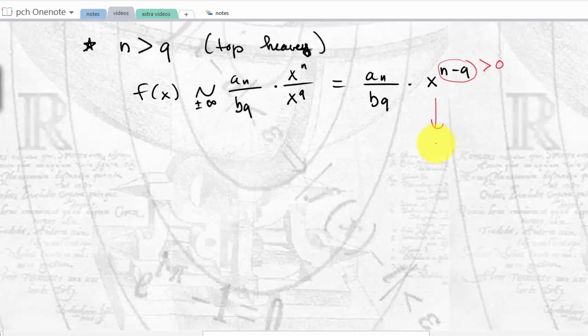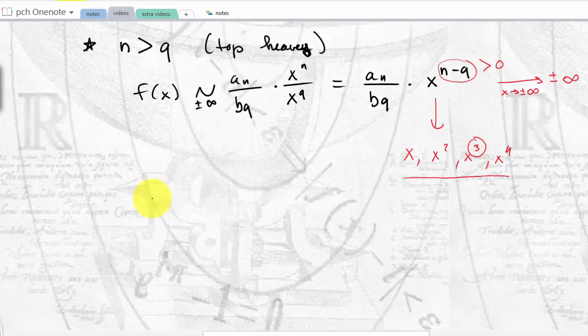We're dealing with something that looks like either x or x squared or x cubed or x4. We've seen this kind of end behavior when we looked at polynomials. So in this case, it's going to go towards either plus or minus infinity, depending on the degree, and depending on whether x goes to plus or minus infinity itself. So this case is a little bit more complicated.